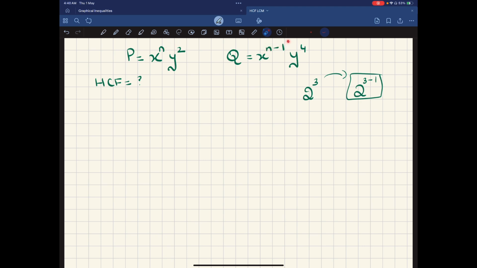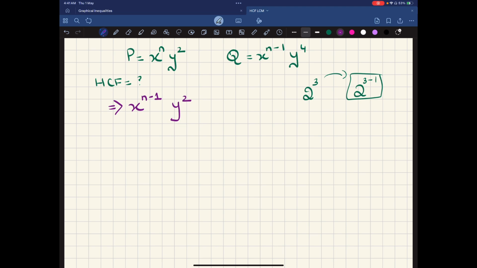So obviously this is going to be smaller than x raised to the power n. So in HCF, we're going to take x raised to the power n minus 1, and this is y square, and this is y raised to the power 4. So what are we going to choose? We're going to choose the lowest power, which is y square. Okay, so this is the HCF of P and Q.